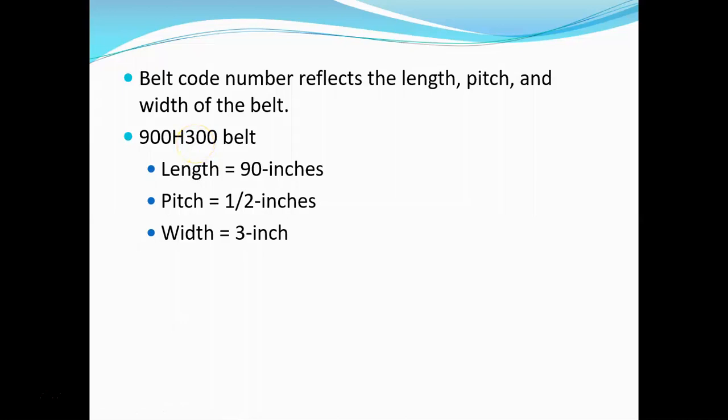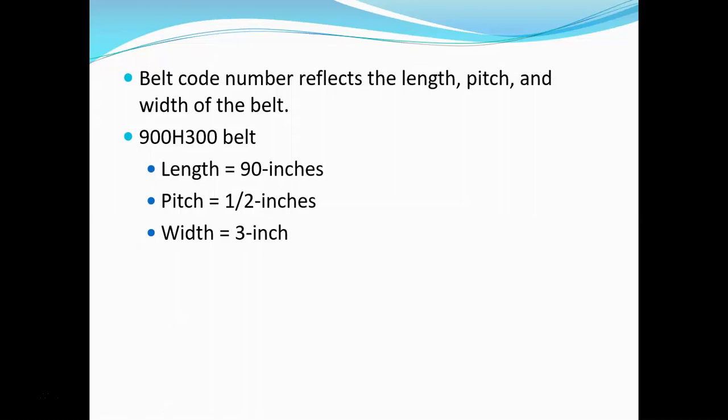So if you get confused with this, whether the 900 is the width or the length, or the 300 is the width or the length, remember the decimal places at least. You're going to have a decimal place at the 10th for the 90. So a 90-inch belt, that's logical. A 90-inch wide belt, that's not logical. So for a 300, if you can remember the decimal place is at the 100th. A 3-inch long belt, that's not logical.